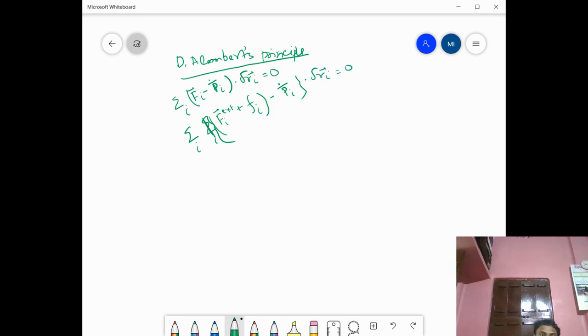So this leads to the summation over i of (Fi external minus Pi) dot delta Ri equals 0, since the force of constraint dot delta Ri equals 0, because forces of constraint do not do any work.